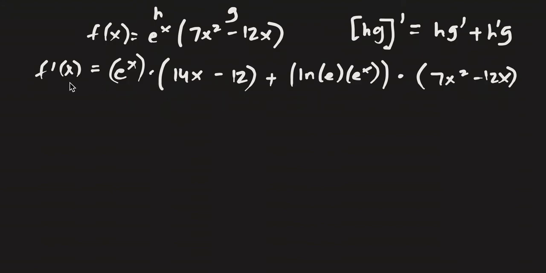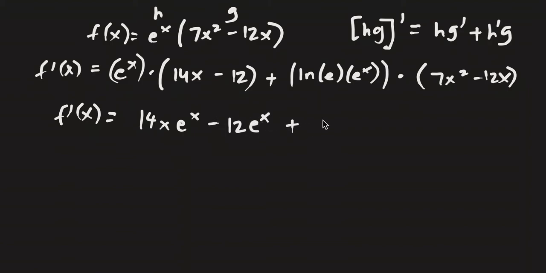Okay, so let's try to simplify this. This would just be 14x times e to the power of x minus 12 times e to the power of x, plus, again as I said before, the natural log of e just cancels out.